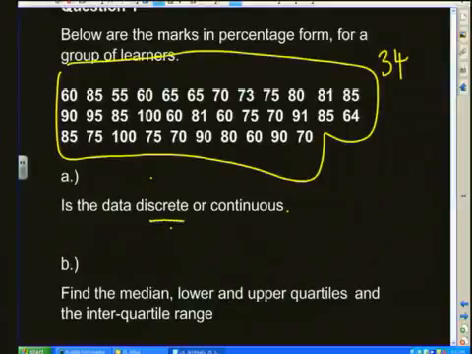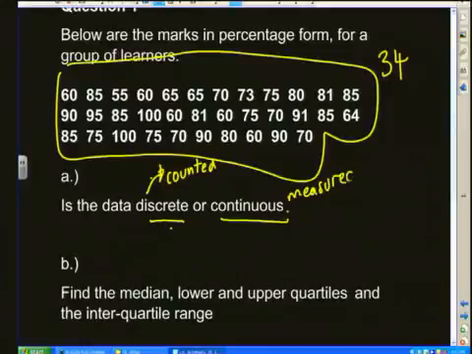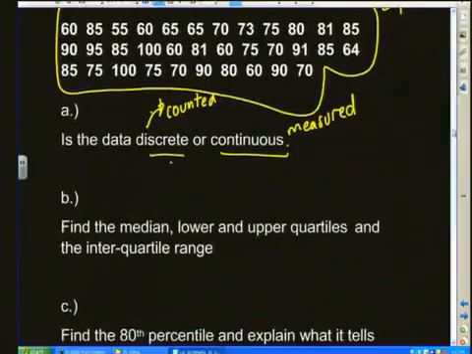Is it, part A, discrete or continuous? Now remember, in order to answer this, you'll need to remember that discrete data can be counted, and continuous data has to be measured. So here we can clearly count the data, so therefore our answer here will be discrete data.